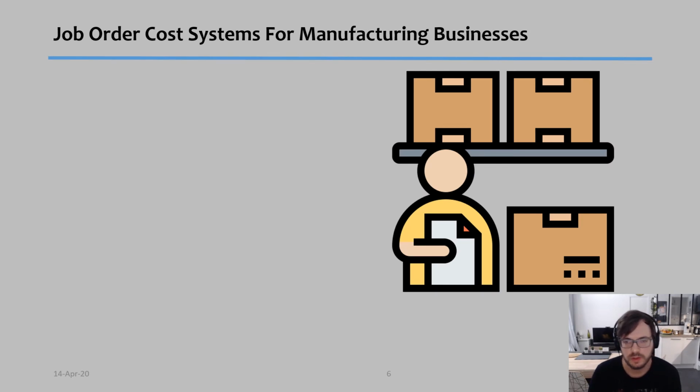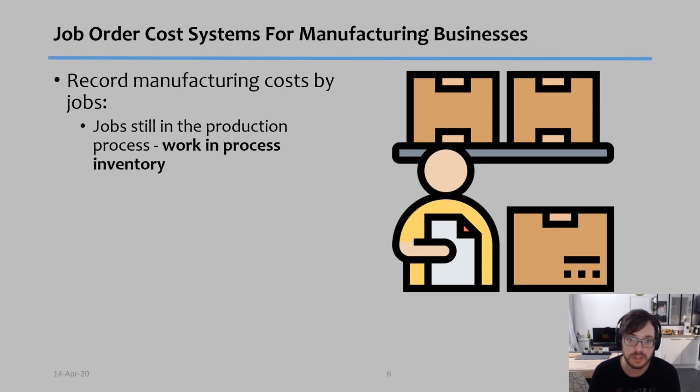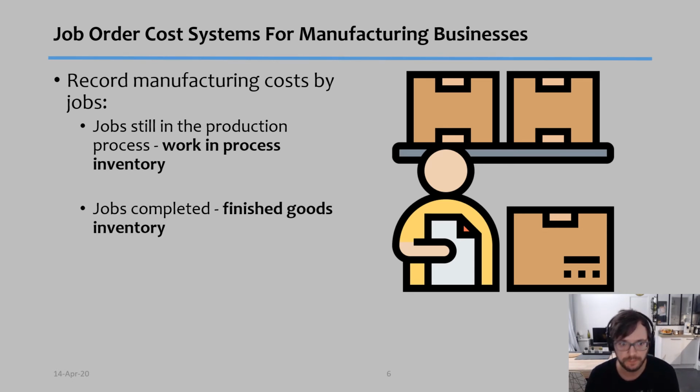So for us to understand how all these costs and all this money moves inside the company, let's understand how the job order cost system affects the manufacturing business. Well, we're going to record all these costs by jobs, and that means that for jobs that are still in production, all the costs associated with that job, we're going to keep on the work in process inventory.